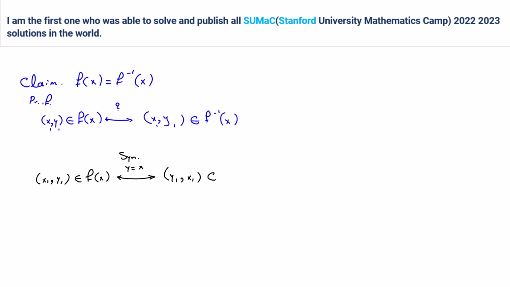Belongs to f. Mm-hmm. And by the definition of the inverse of a function, y1, x1 belongs to what? f inverse, right? Uh-huh. So do you agree we can conclude what from here? We want to prove x1, y1 belongs to f inverse of x. How can we prove it?